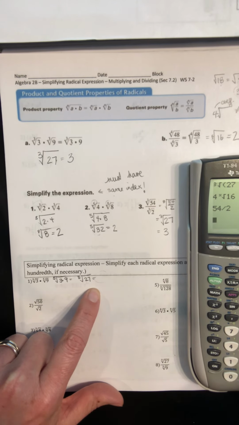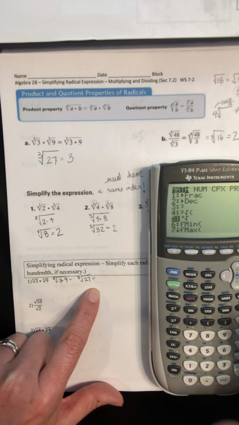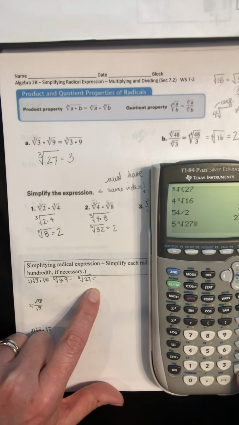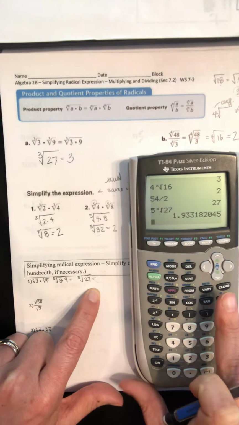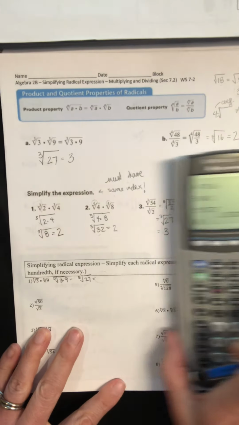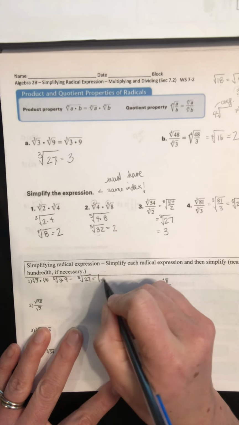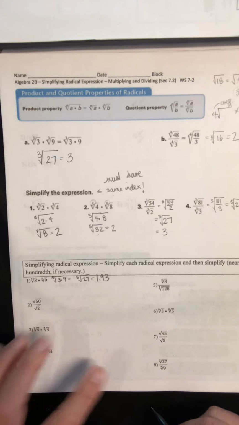So if I do math, and then I choose number 5, the 5th root of 27, that's not a perfect cube, okay? So it's going to be a decimal, that's okay. They said to the nearest hundredth, that's 2 places. So this will be 1.93, okay? So I just want to make sure you can put it in your calculator.